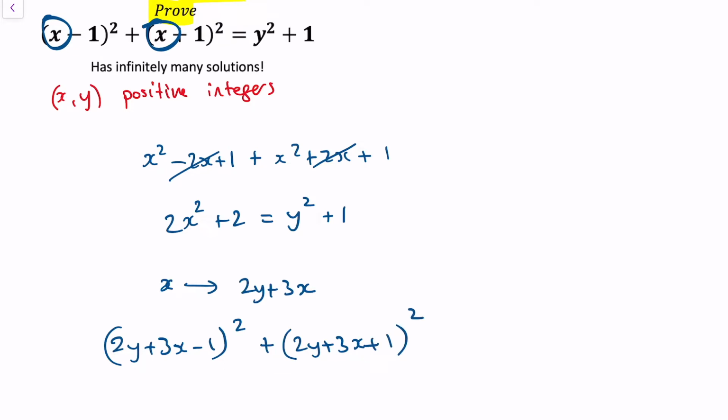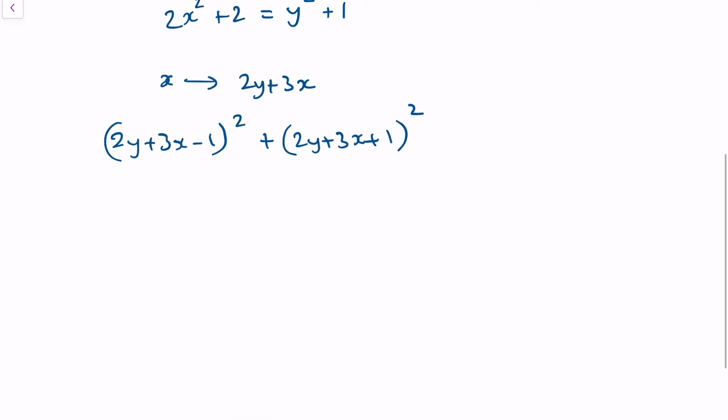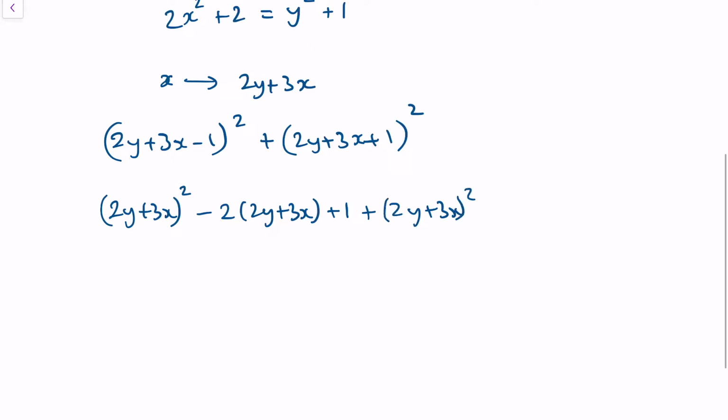And so if we expand to see how much we've changed the original equation, we will have (2y plus 3x) squared minus 2 times (2y plus 3x) plus 1 plus (2y plus 3x) squared plus 2 times (2y plus 3x) plus 1, right?